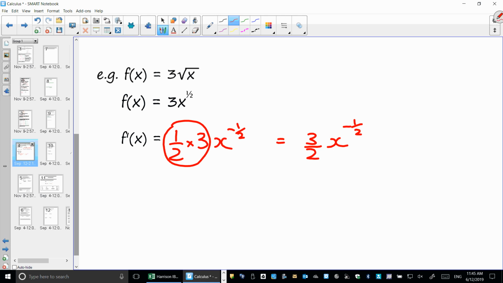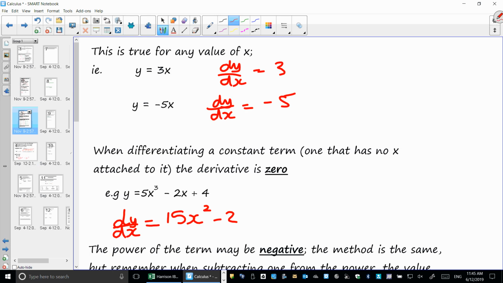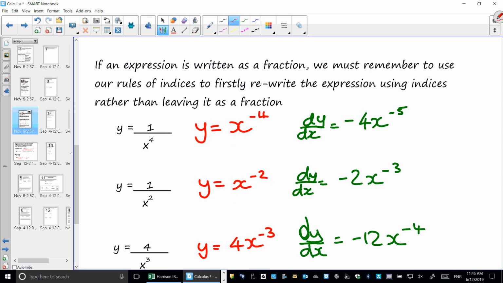So if there's no power, then you have to do the 1/2 thing? No, so if it was written like this, in order to differentiate something, it has to be written as a power. So for these ones here, where they were fractions, I had to change them to be powers first.